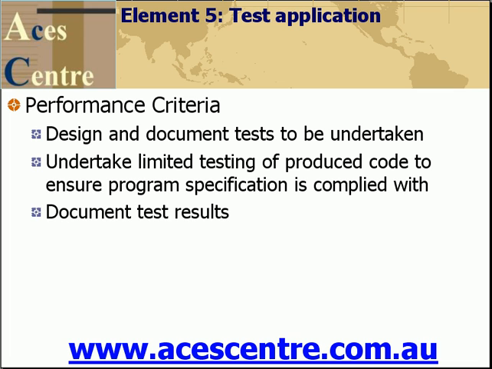Element 5. Test application. This element contains the following performance criteria: design and document tests to be undertaken. Undertake limited testing of produced code to ensure program specification is complied with, and document test results.